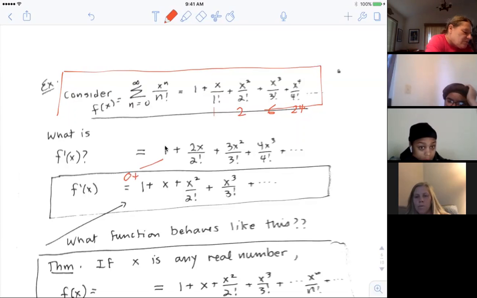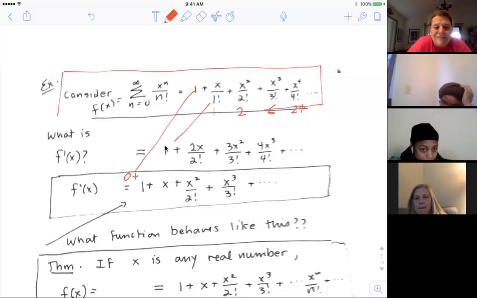Okay, so I've got my arrow kind of pointing in a bad direction there. The derivative of that was 0. The derivative of that is 1 because it's just x. If I looked at this one, 2 factorial is 2. If I took its derivative, it would be 2x over 2 factorial. 2 over 2 is x. So that's the next derivative.